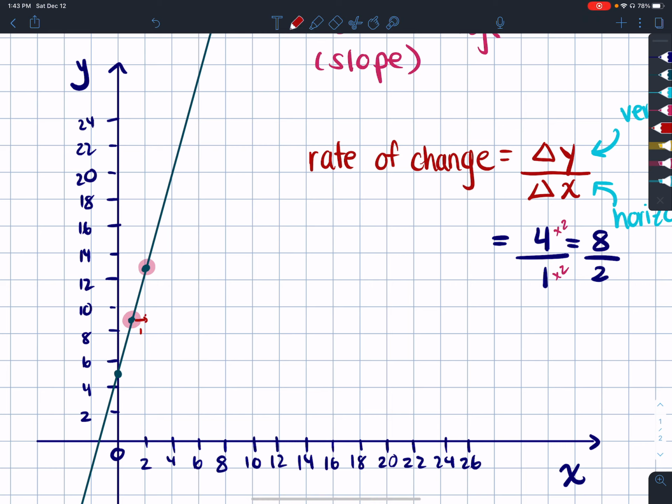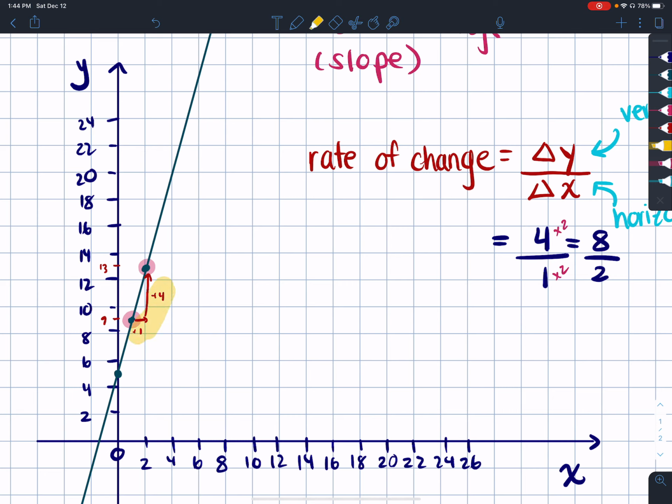And then I have gone up, well, from 9 to 13. So I've gone up by 4. So my vertical change, which is what goes on the top, the change in y, is 4. And my horizontal change, which is my change in x, is 1. And that's where I get this 4 over 1.